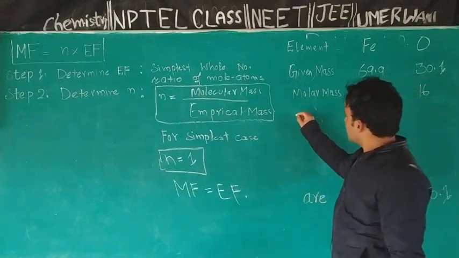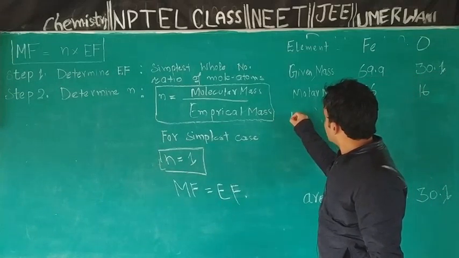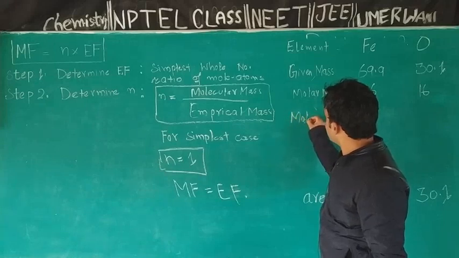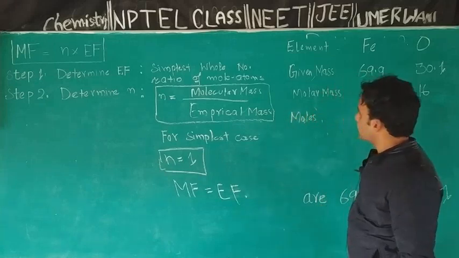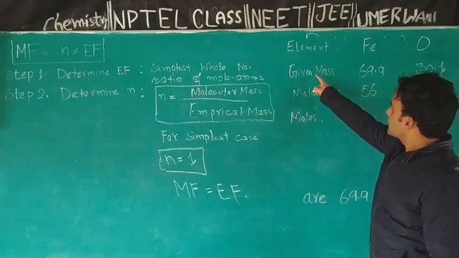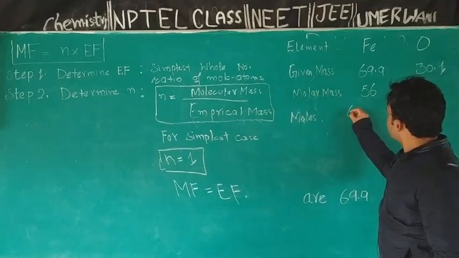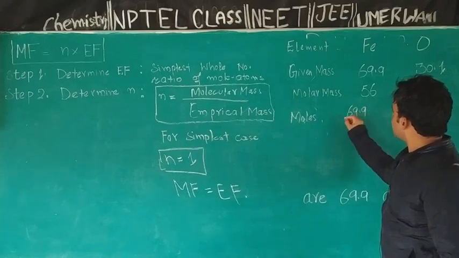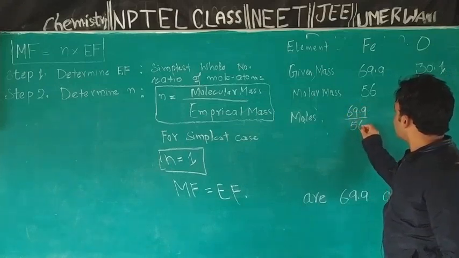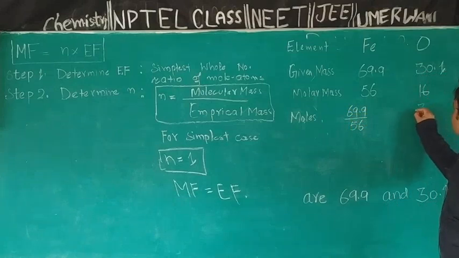In the third row I will calculate the number of moles. Moles are calculated as the ratio of given mass and molar mass. So here moles will be equal to 69.9 divided by 56 for iron, and for oxygen the number of moles will be 30.1 divided by 16.